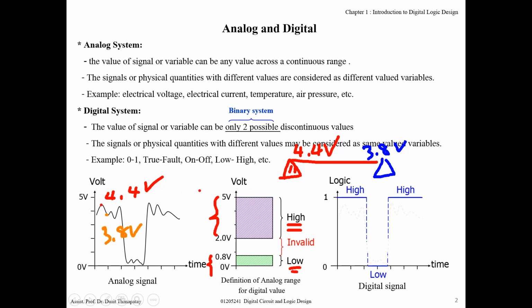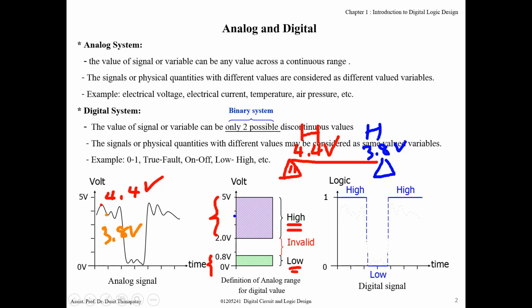That means if you send 4.4 as logic high and the receiver gets 3.8, which is different in the analog world, in the digital world 3.8 is still logic high also. That means there is no error in the digital system.